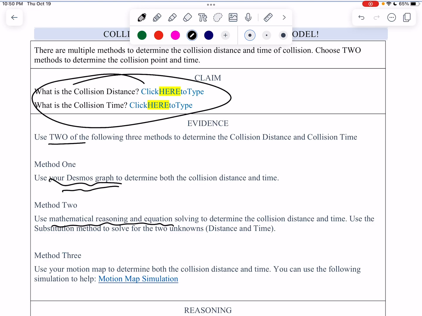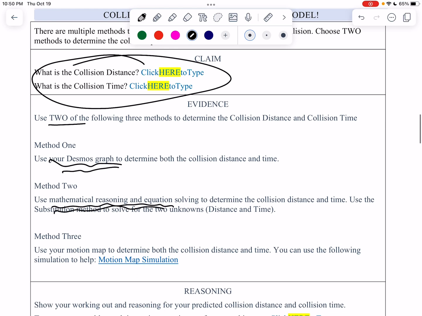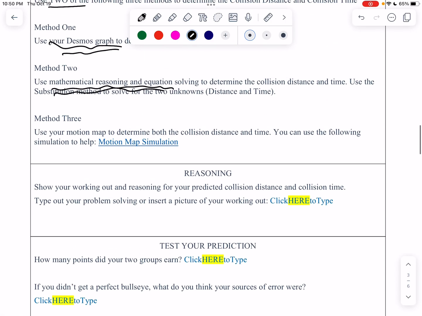Our second one is going to be using some math, all right? I know I put 3 methods in here, but the third method actually didn't really work out very well. So you have to use math. And basically our reasoning is going to be showing that somewhere. And you can decide how you want to show it. If you're doing the math, you can always do it on the whiteboard and just take a picture and insert it.